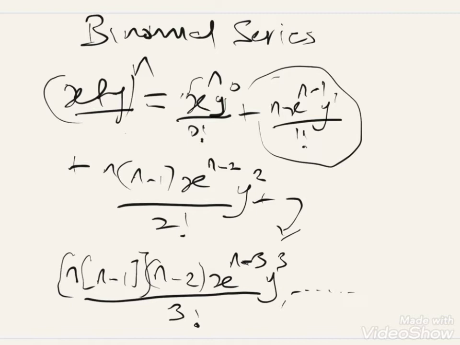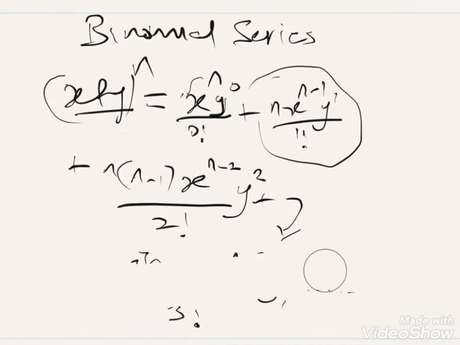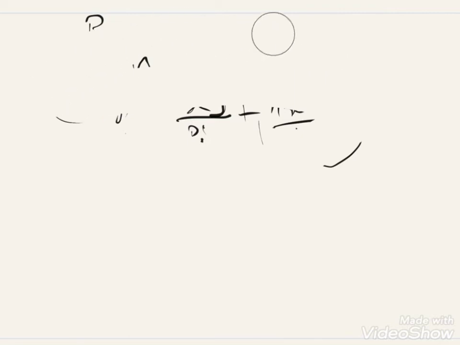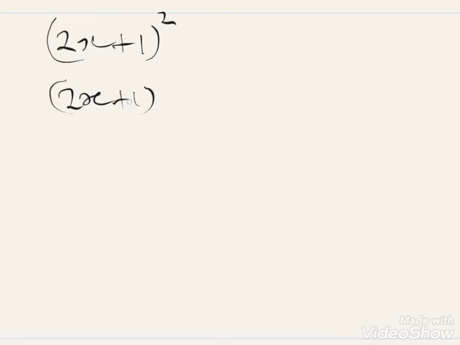At this juncture, I will use numbers. So let us clean. Please do not get confused by this abstract. Now, suppose we have this question, 2x plus 1 with the power 2. Let us multiply out the power of the binomial, which shows that 2x plus 1 appears twice.